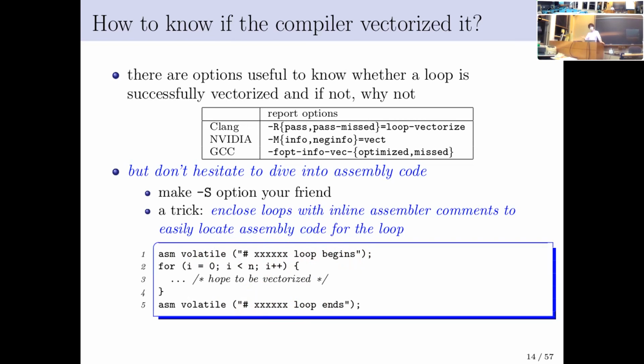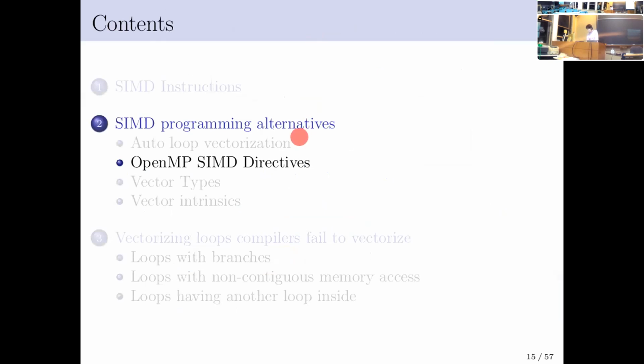It doesn't assume anything about what this piece of string does, so it basically copies this string into the assembly code. This helps you locate the code generated for this particular for loop. This is again in the Jupyter notebook. And this is automatic vectorization.